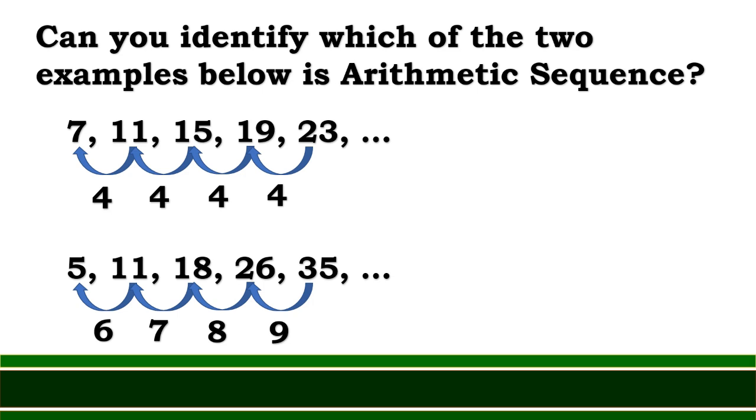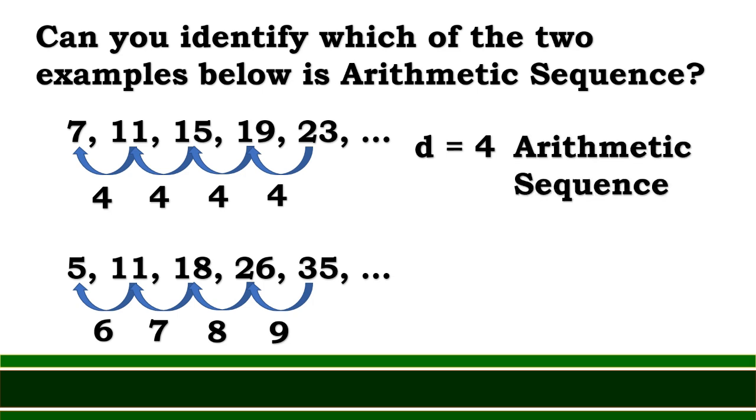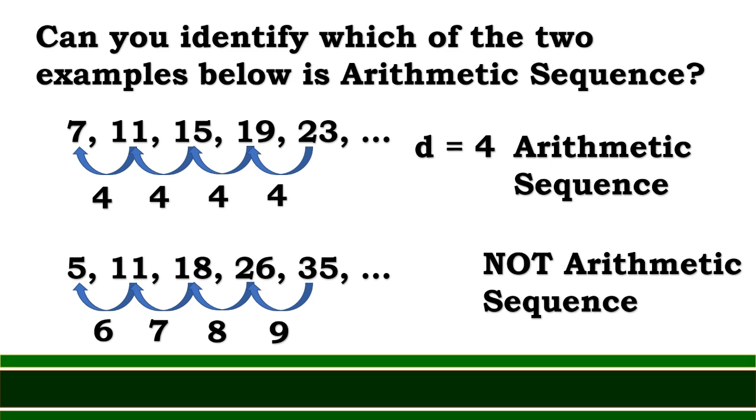Based on the definition, arithmetic sequence has a common difference. Based on the two examples, the first sequence will give you a common difference of 4. So it means the first sequence is an arithmetic sequence, and the second sequence is not an arithmetic sequence.